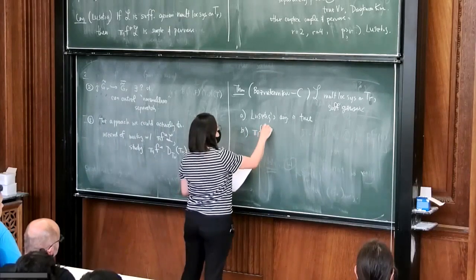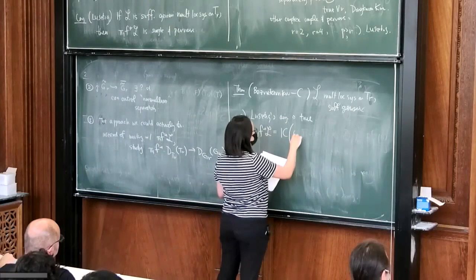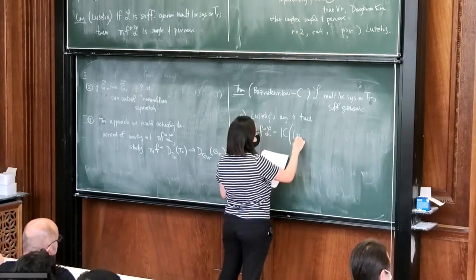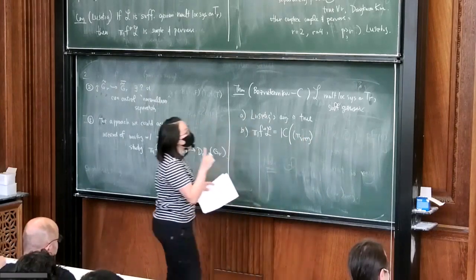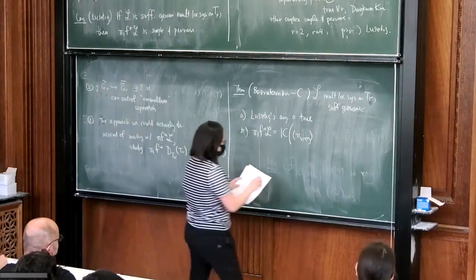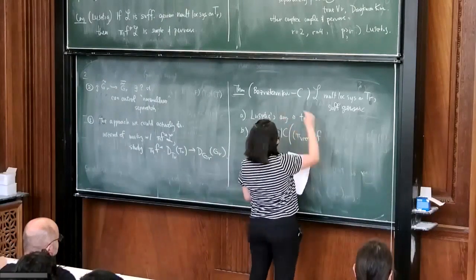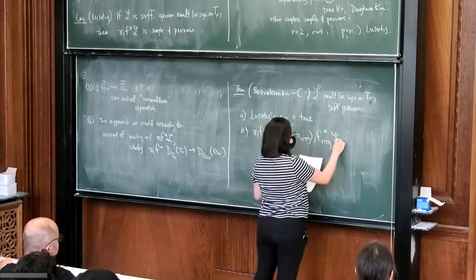So this is still the intermediate extension of, now not the restriction to the regular semisimple locus, but to the very regular locus of that diagram over there.